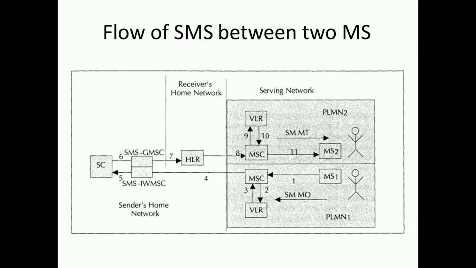So the SMMO message will go from the MS1 to the SC via the VLR and the IWMSC. Then the SMMT message is delivered from the SC to the MS2 through the HLR and GMSC.